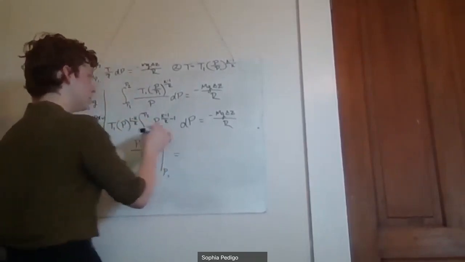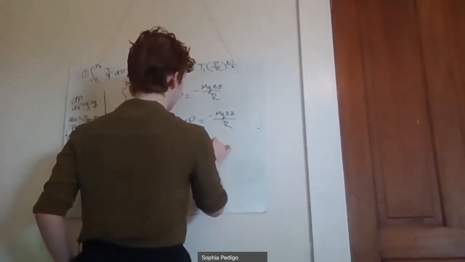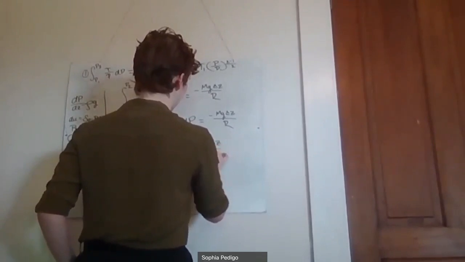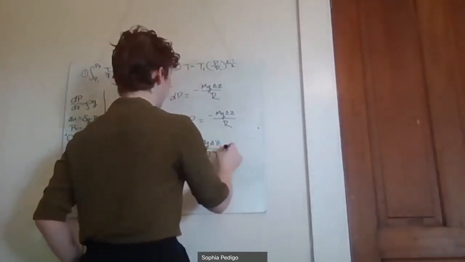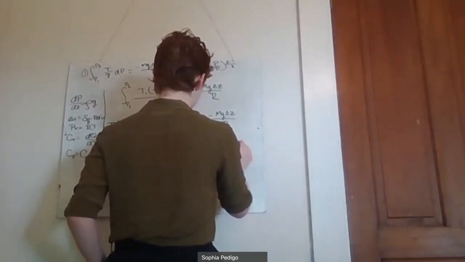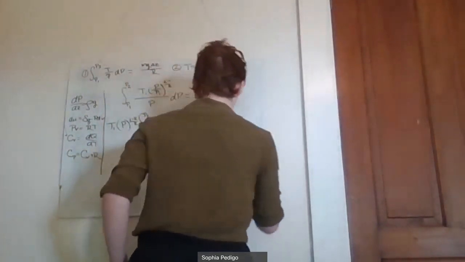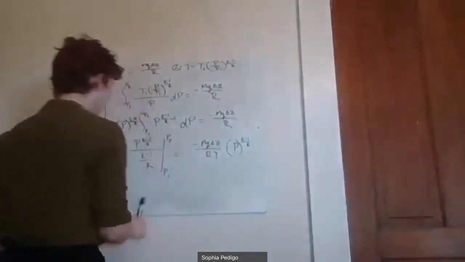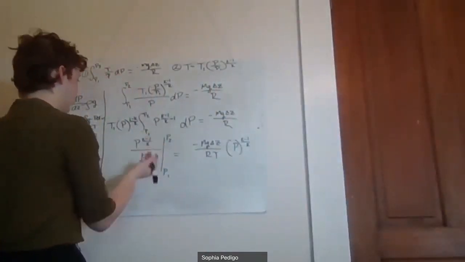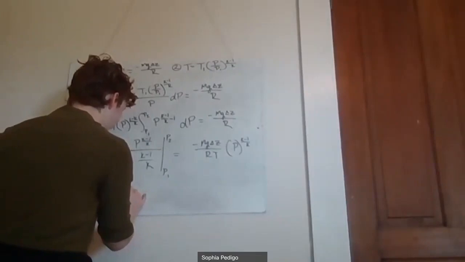That's going to be equal to negative mg delta z over RT multiplied by P to the K minus 1 over K. All right. This we're just going to plug in P1 and P2 for.